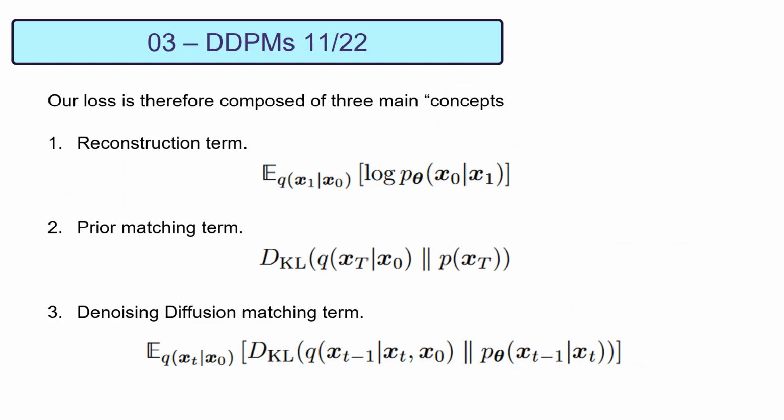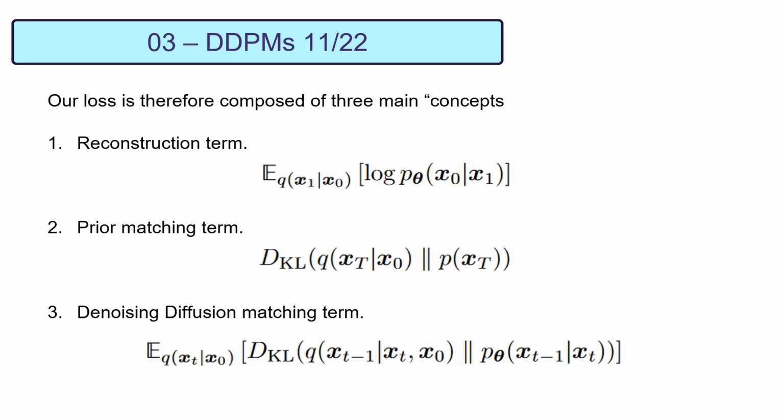So that's the first condition. The second condition is a prior matching term. Now, if you paid attention, we already know that this is the case. So q xt given x0 is always going to be equal to this thing because we make it that way, right? So this term is actually irrelevant from the ELBO.